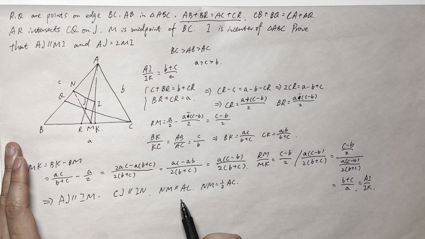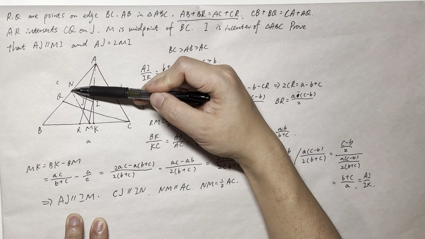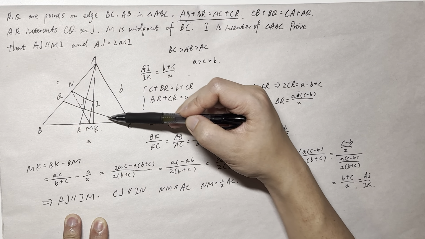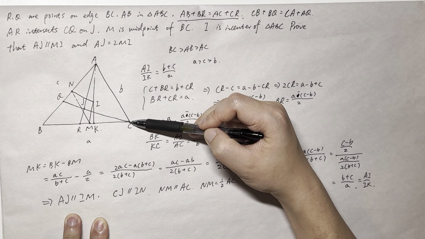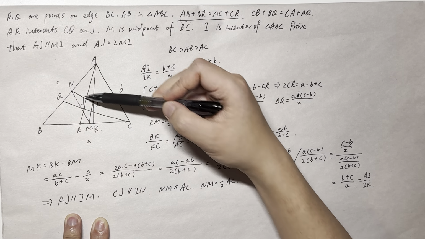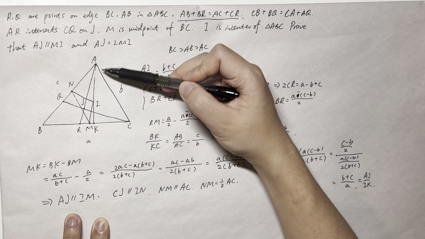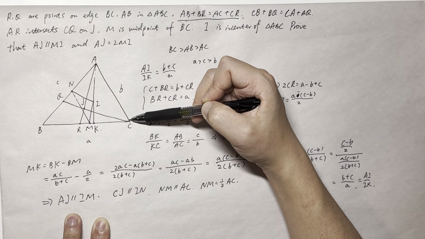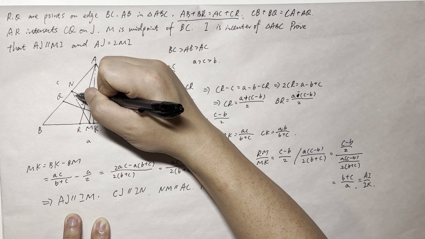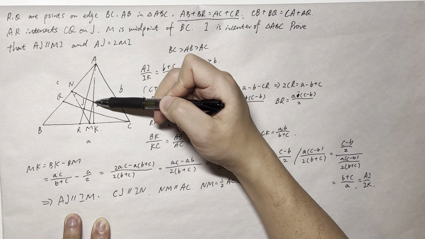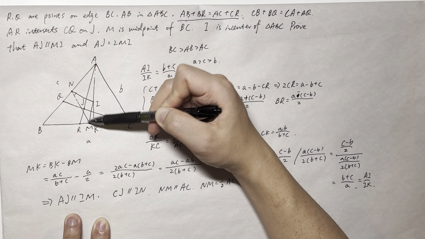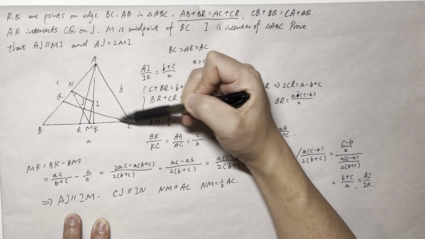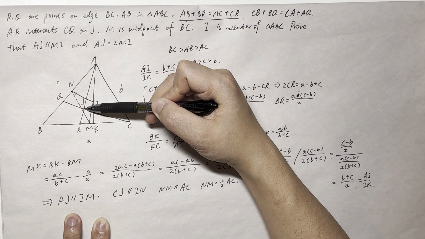Now let's see. See this one? IN is parallel with CQ, and NM is parallel with AC, which means this angle, the angle INM, equals angle ACQ, or angle ACJ, right?